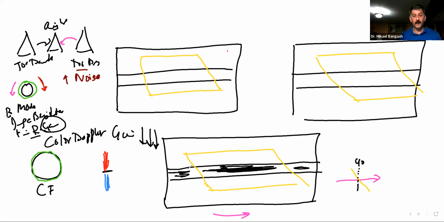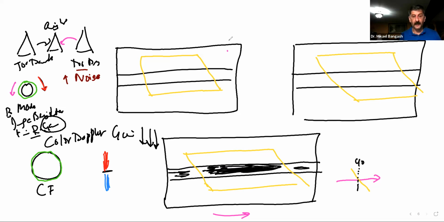So even though blood is flowing in the blood vessel, even though we have a non-90-degree angle between the direction of the blood flow and the beam, mainly because our color Doppler gain is too low, it will not display this blood flow here with color.